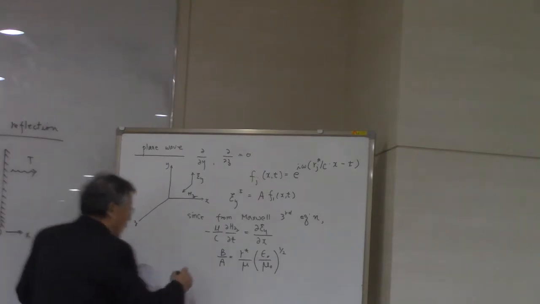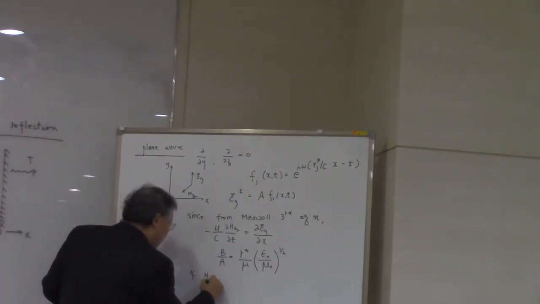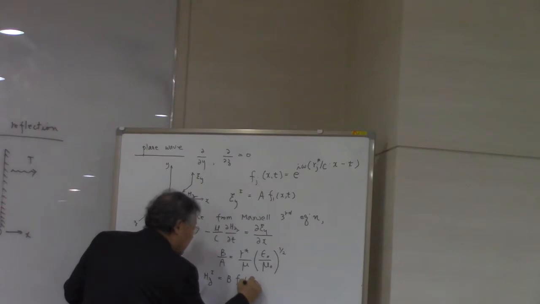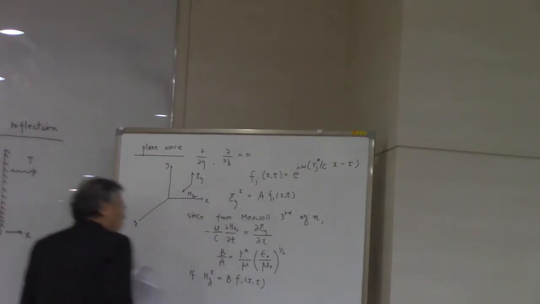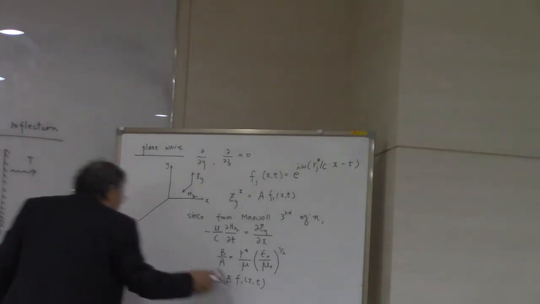The magnetic field of the incident wave can be written as B F1 of x and t.